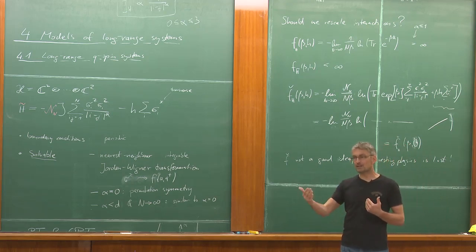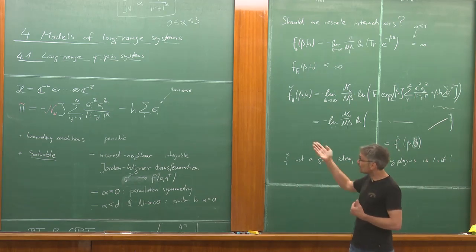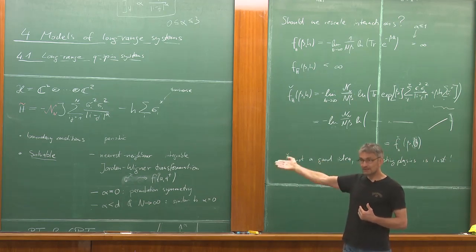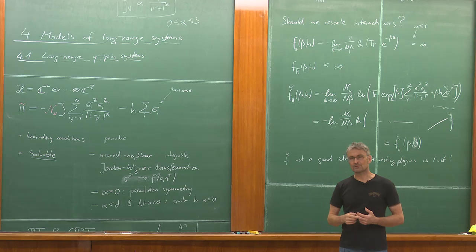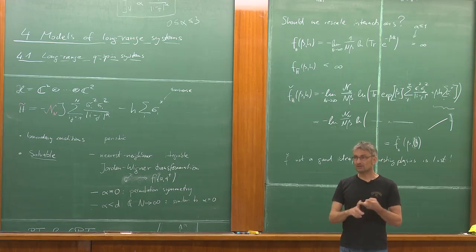In a very large finite system, I may have to go to very, very large values of the field to see it, in a system of 10 to the 20 particles, but there will be a field value for which this transition will still occur. And this is a bit the spirit of doing this. So it is justified to introduce this factor, and it has a meaning, and you can relate your results to the original unscaled Hamiltonian in some way.